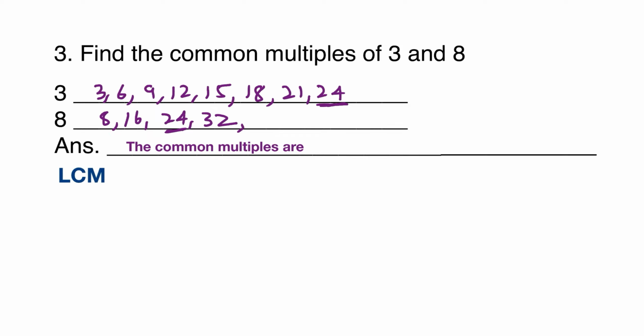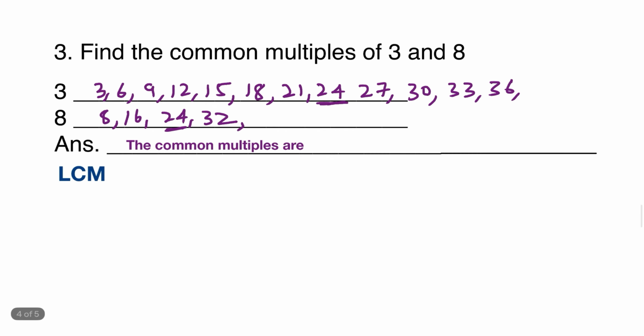We'll have to keep writing too many. So we have the common multiples are... it'll keep going on and on, guys. So let us just write the LCM in this case. It is 24. The least common multiple is 24.